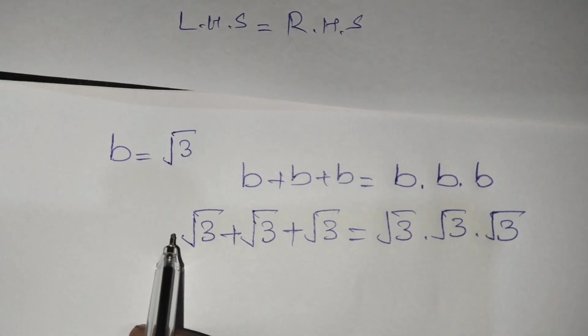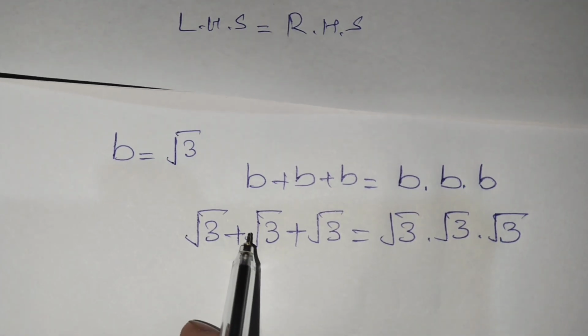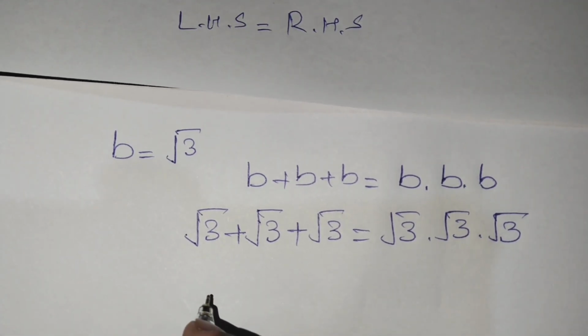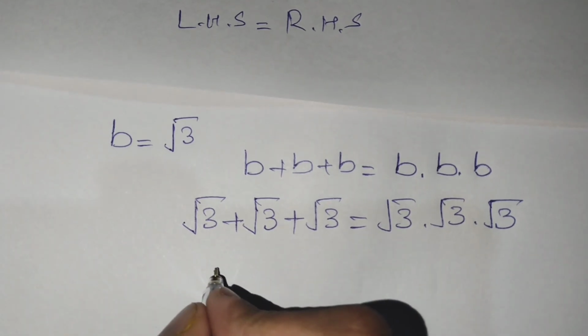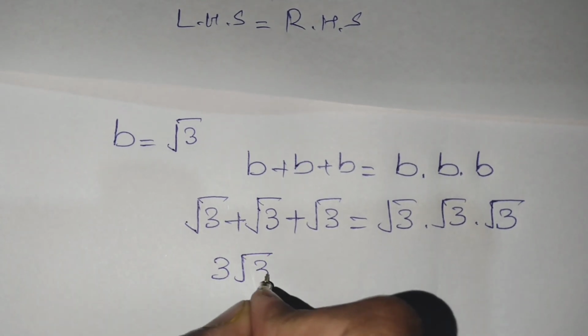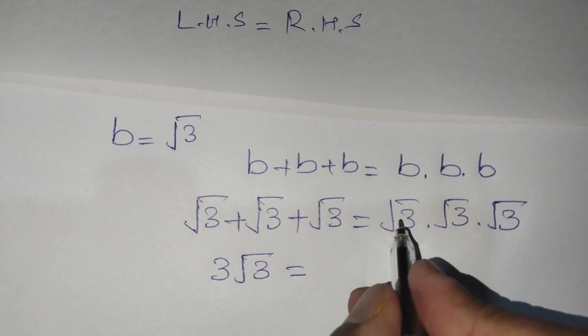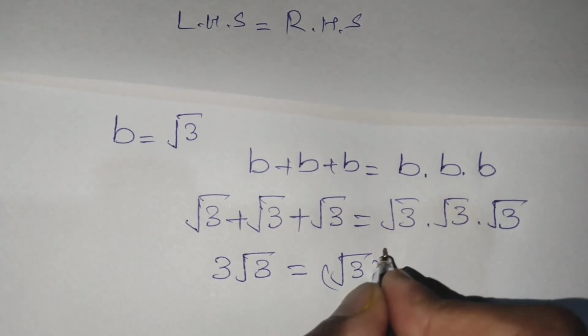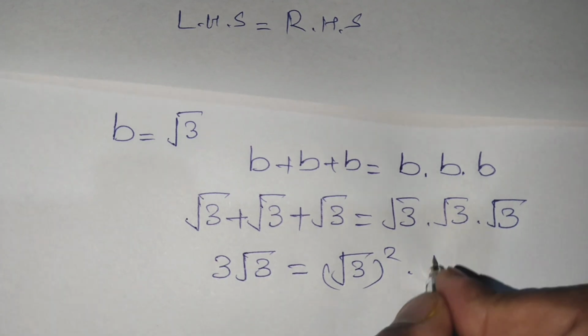This has a 1 coefficient, this also has 1 coefficient, and this also has 1 coefficient, so it will be 3 times square root of 3. Square root of 3 into square root of 3, square times square root of 3.